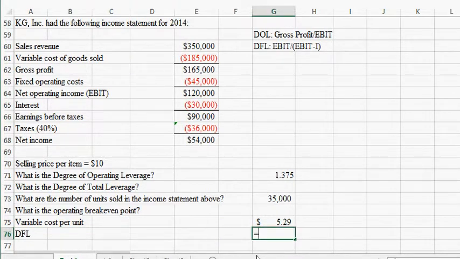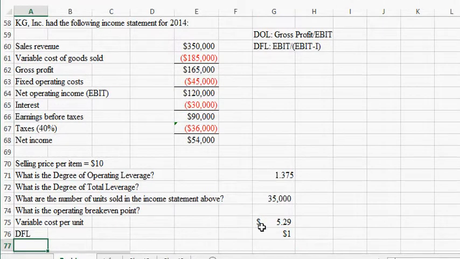So it's equal to the EBIT number here, 120,000 divided by, open your parentheses, 120,000 minus the amount of interest, which in this case, because of the way it's set up, is a negative number, so we're actually going to have to add it, so plus the 30,000.